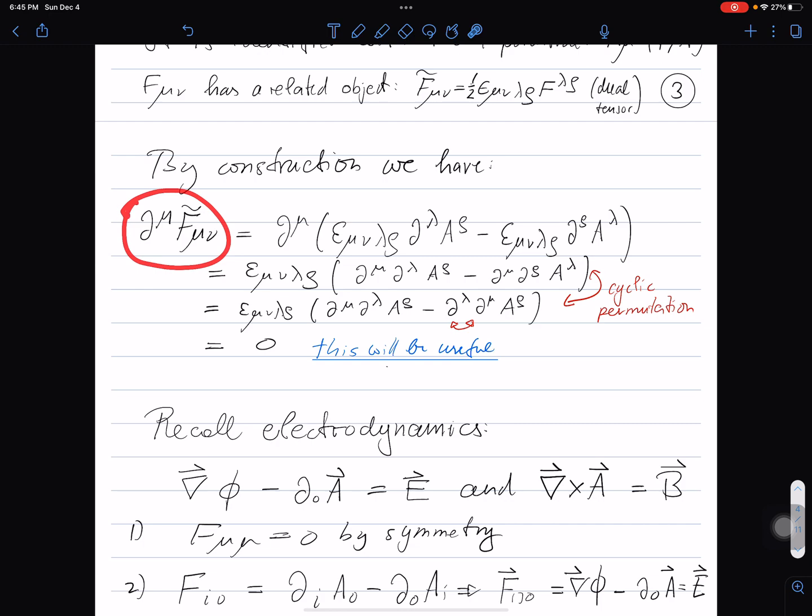Applying the derivative to the dual field strength tensor, we can explicitly write it out, having here the derivatives acting on A from the definition of the field strength tensor. We pull out the antisymmetric tensor up front, and then we pull the derivative through. Since the tensor is not affected by a derivative, we have these two expressions, but we can do cyclic permutations of the indices, as it doesn't affect the plus or minus signs in this tensor. So we can swap those through.